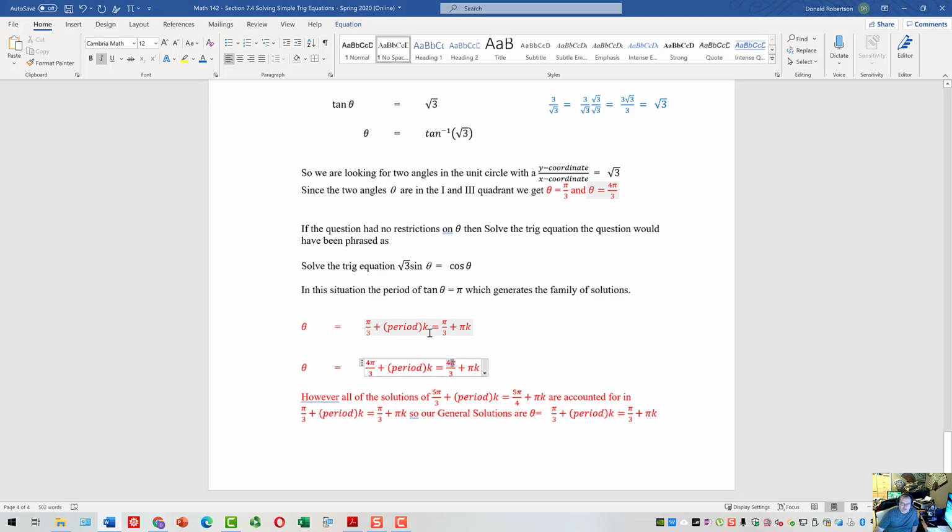Well, if you add pi, you get pi upon 3 plus pi, which is 4/3 pi. And all the other ones have that same feature. So all the solutions to that second group are actually contained inside the first group. So you can just use this fella as your general solution to all of them. And that's us.